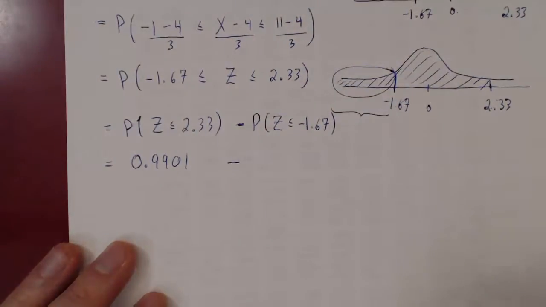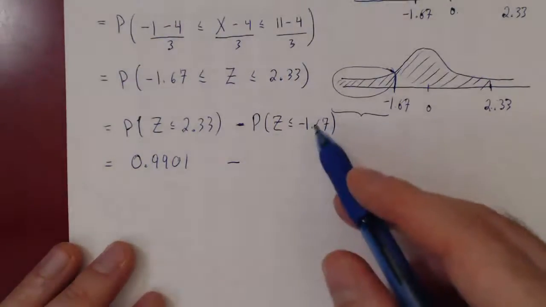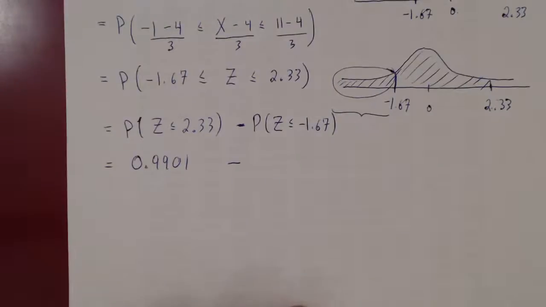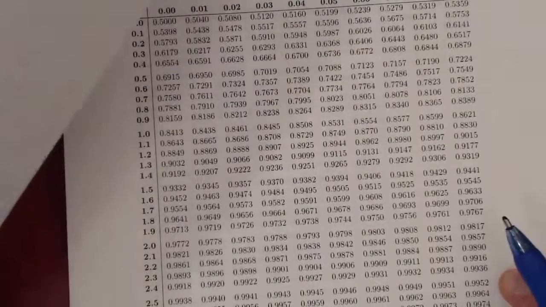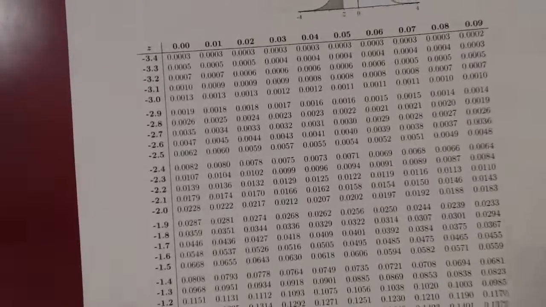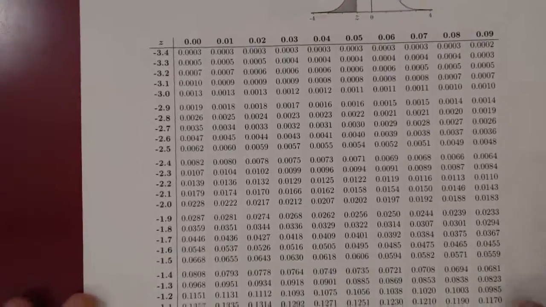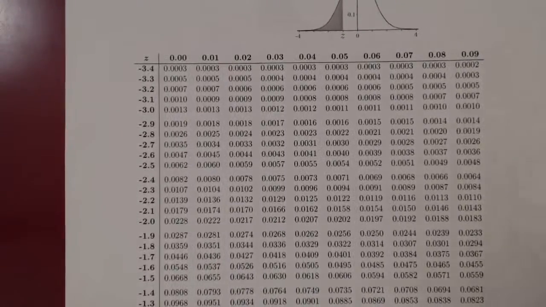Minus, let us now read this probability from the table, but because z is a negative value here, we will use the first side of our distribution table. So we're looking for negative 1.67. Negative 1.6 is here.